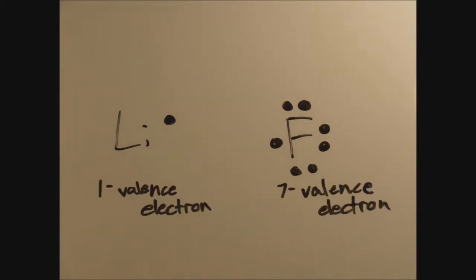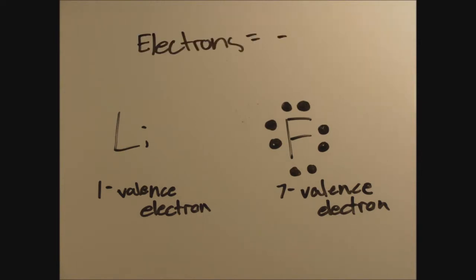Li has 1 valence electron according to its placement, and we're combining it with F, which has 7 valence electrons. When they are combined, as you can see here, the electron moves, making both happy.